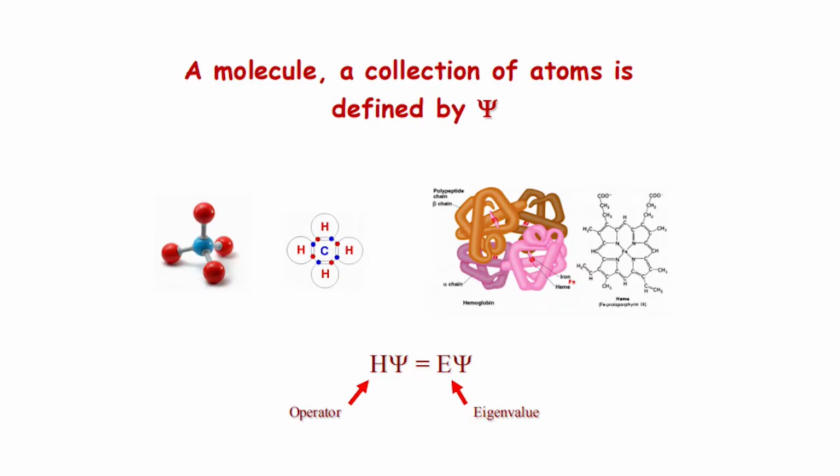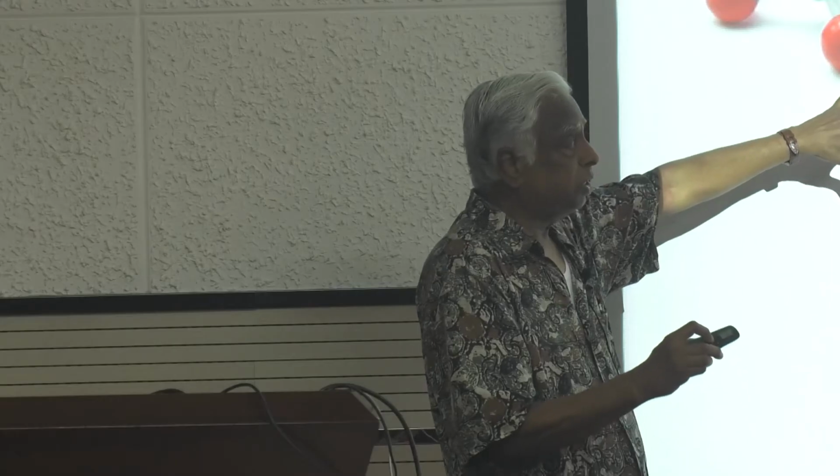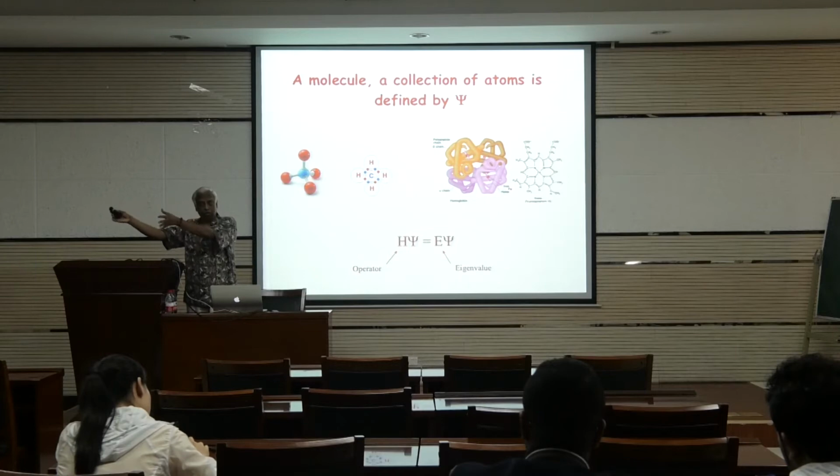Whether it is a simple molecule like CH4, or a complicated molecule like this, or an even more complex molecule like a protein, it is basically a collection of electrons.